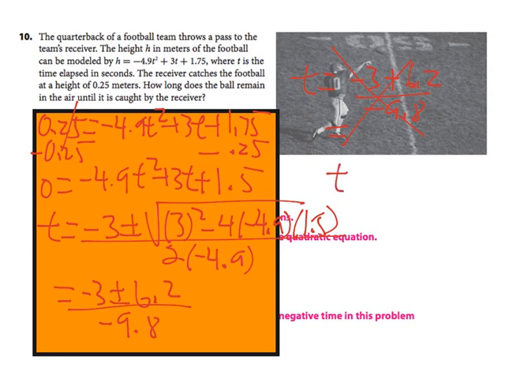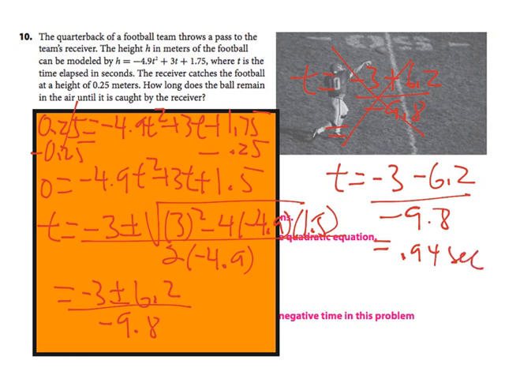We need a positive, so we need negative 3 minus 6.2 over negative 9.8. Right? Okay, so then our t is going to be at 0.94 seconds.